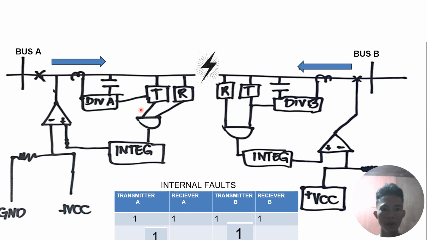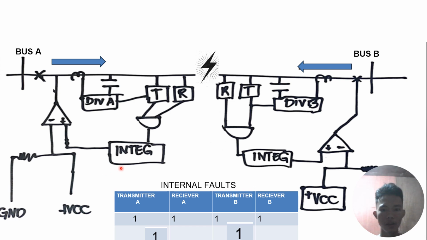Now, remember that in the AND logic gate, when the signals are 1 and 1, or high and high, the output is 1, and also here 1 and 1, we have a high signal. So it will be sent now to the integrating circuit.